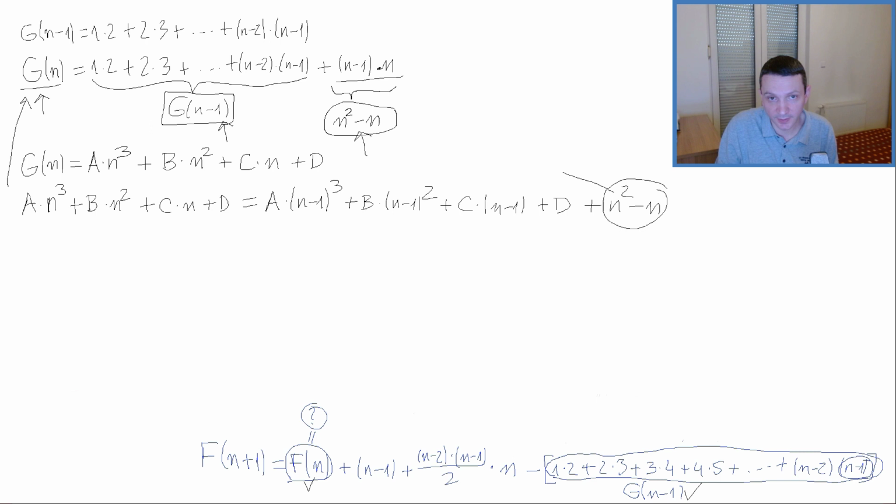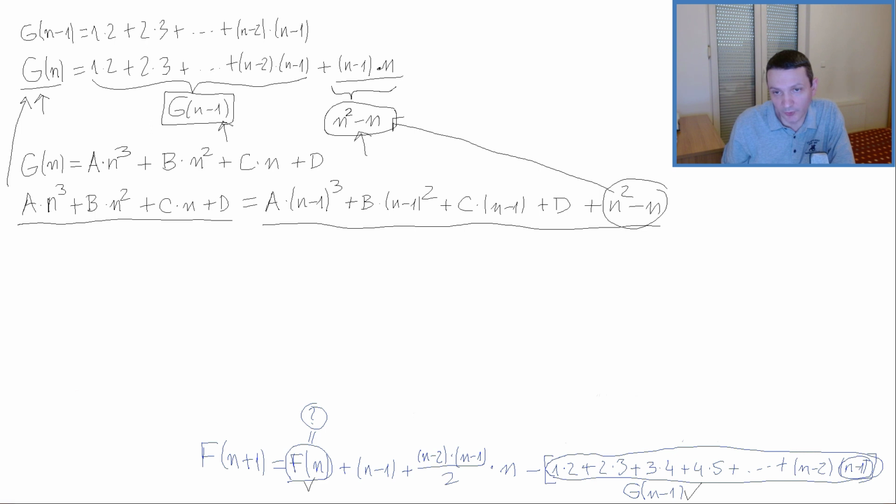So this is this added last term here. And actually we have equality of two polynomials. One polynomial of degree 3 on the left and one polynomial of degree 3 on the right. And we know that two polynomials are equal for each value of the argument, for each n positive integer. So we know that this is possible only when all coefficients are equal.